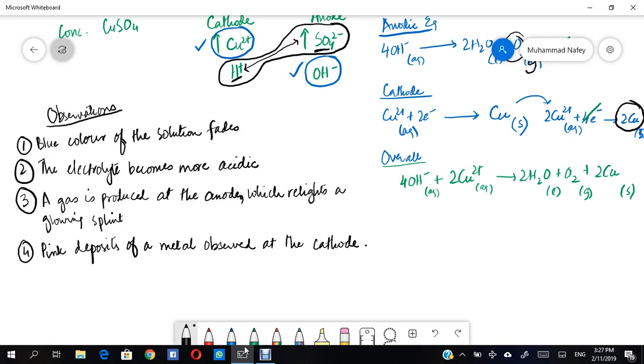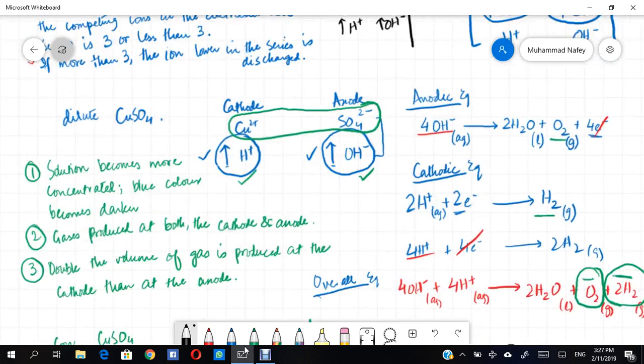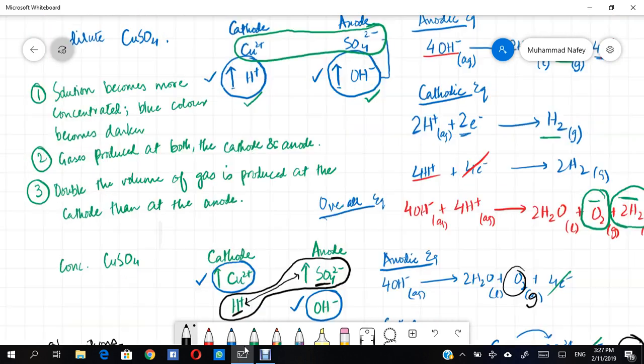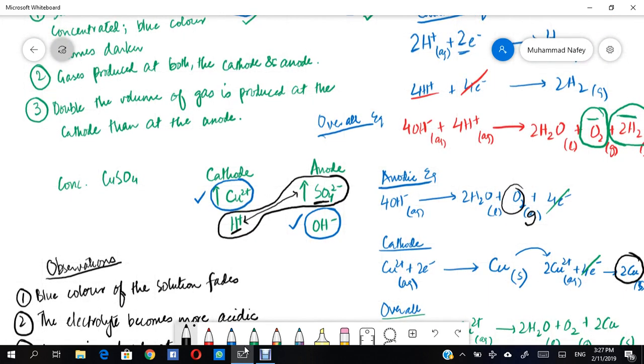Now just take a look. When we had dilute copper sulfate, the observations were pretty different. The first observation is that the blue color became darker when we were electrolyzing dilute copper sulfate. However, it becomes diametrically opposite when we electrolyze concentrated copper sulfate. Why? Because the color of the solution becomes lighter in this case. Similarly, we see differences in the other observations as well.